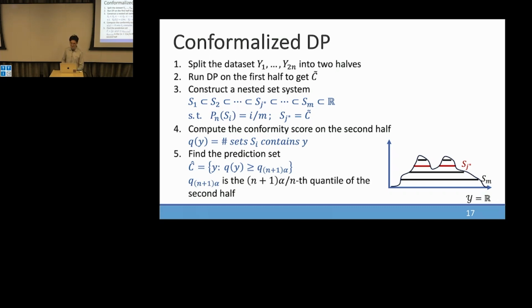If it is covered by a small number of intervals, then it is at a very low level. Then we output the prediction set based on this score. We set a threshold at the (n plus 1) times alpha divided by n quantile of this score. This is a standard conformal method to output the prediction set.